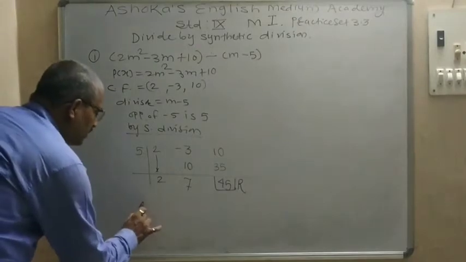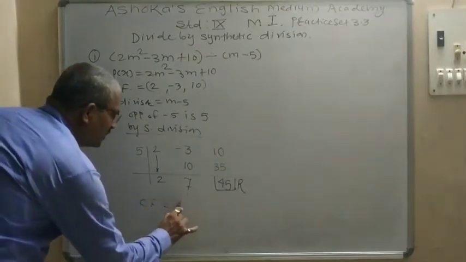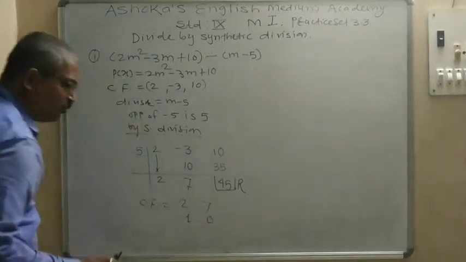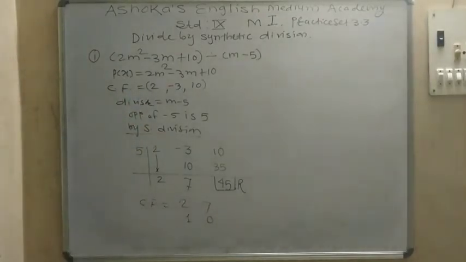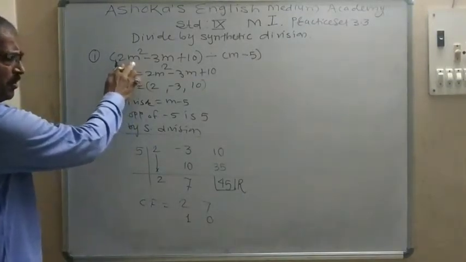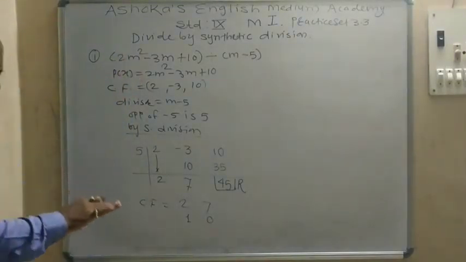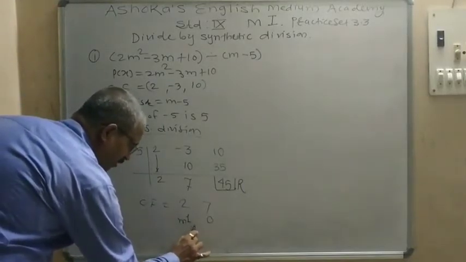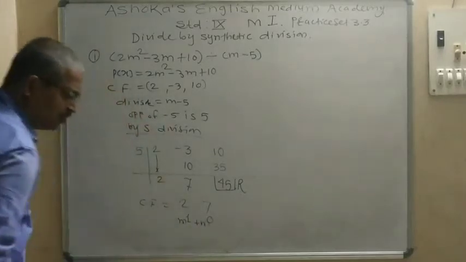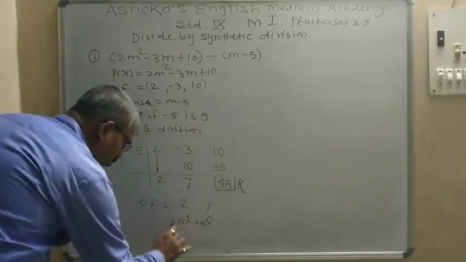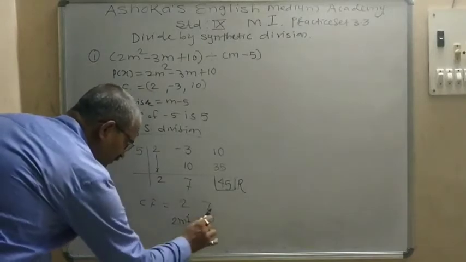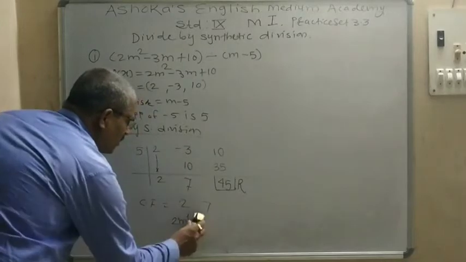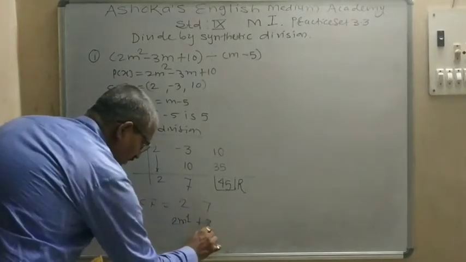Now this is CF form, then here 0, here it is 1. Means we should convert it into index form. Here the coefficient, and the variable is taken as m. So we should take m raised to 1 plus m raised to 0. Now 2 will come here, and this m raised to 0 means 1, this is 7.